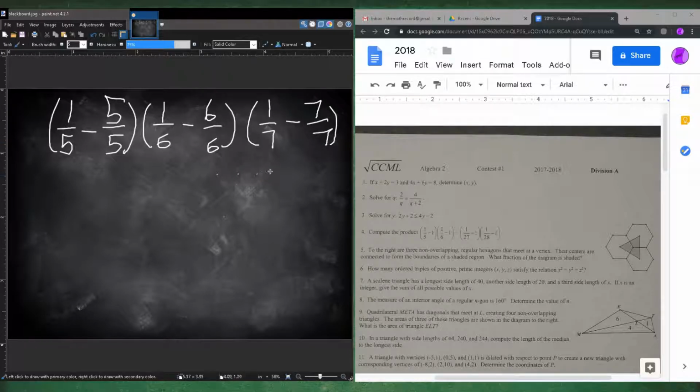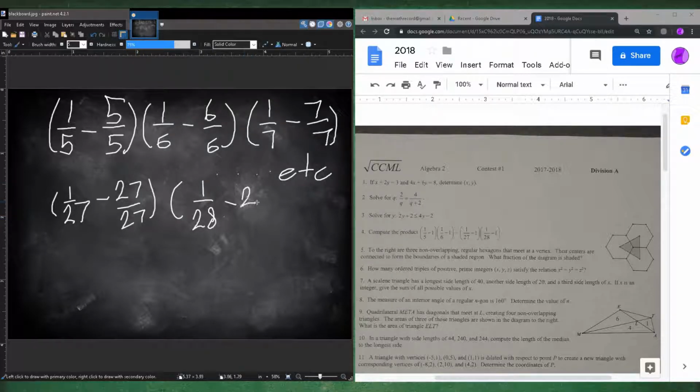And then etc., etc., until 1/27 minus 1, which is 1/27 minus 27/27. And then 1/28 minus 28/28.